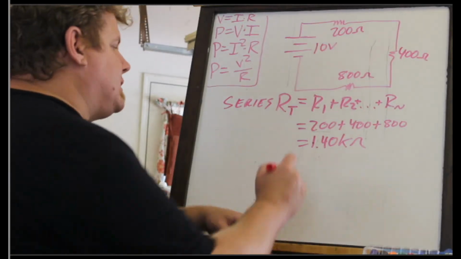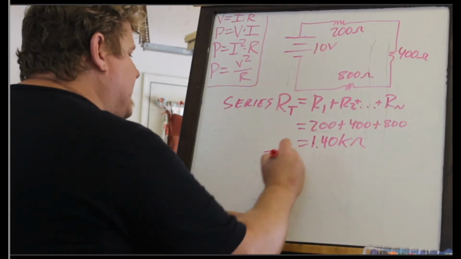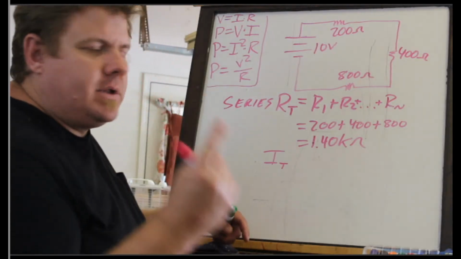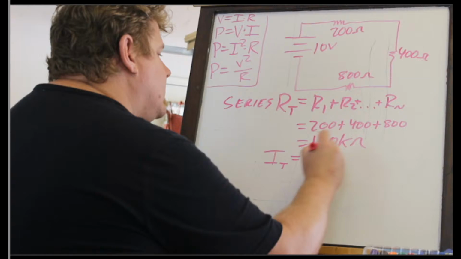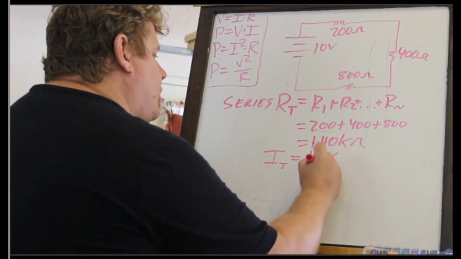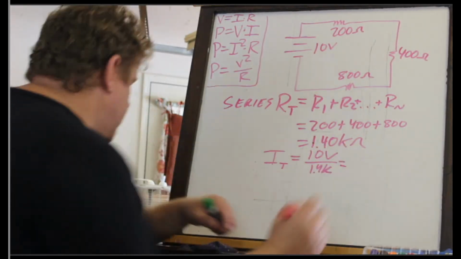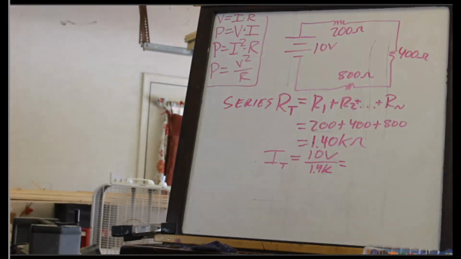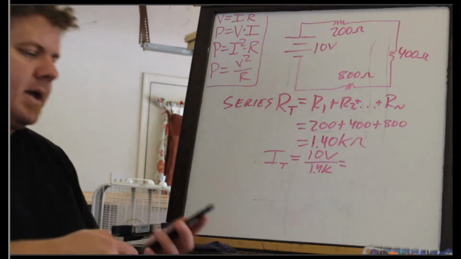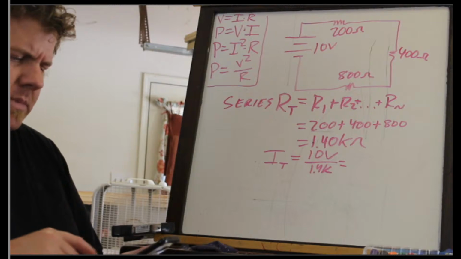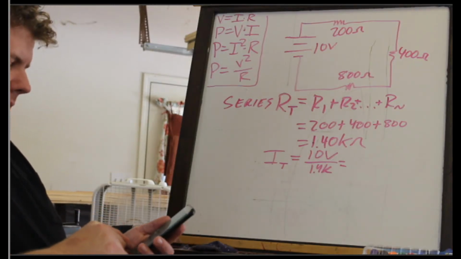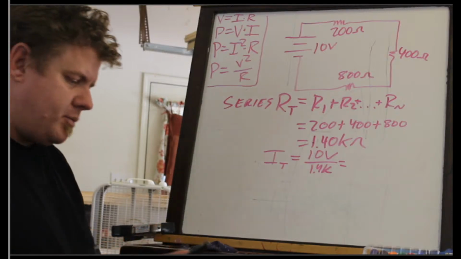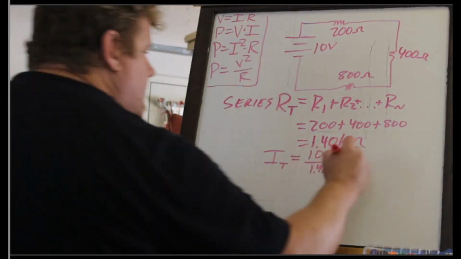Now I can find the total current, or just the current, because there's only one. The total current is 10 volts divided by the total resistance, 1.4K. I should have had my calculator out here. Let me get into my calculator app. 10 divided by 1.4K gives me 7.14 milliamps.